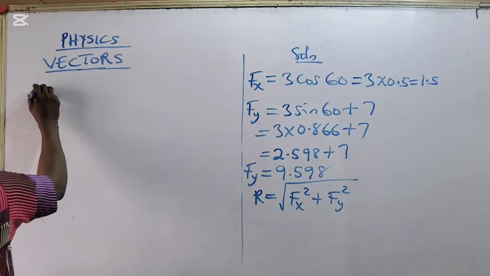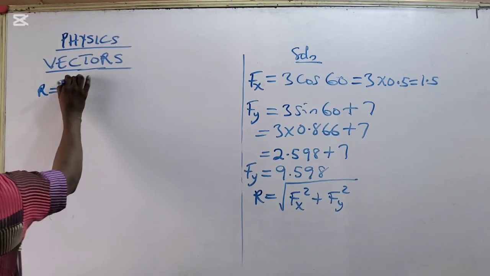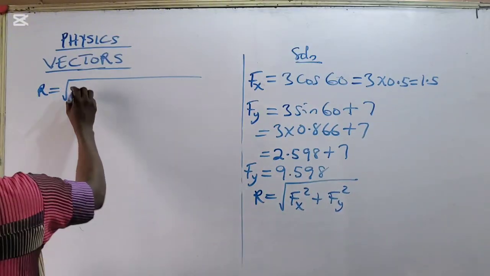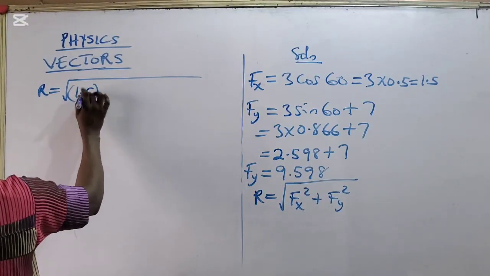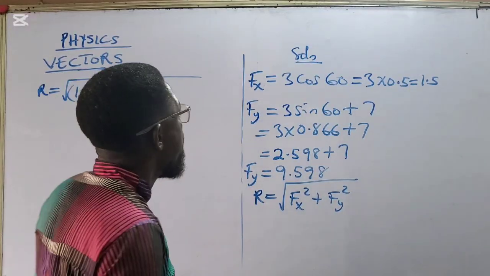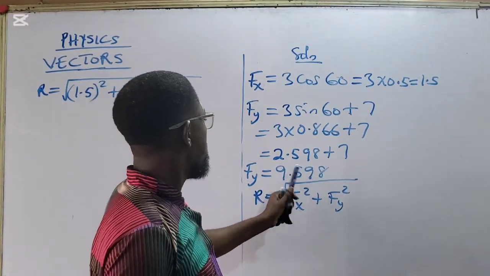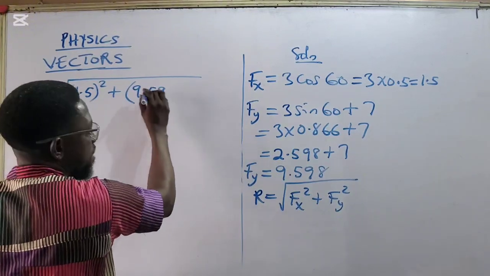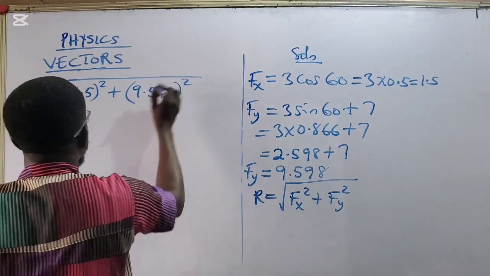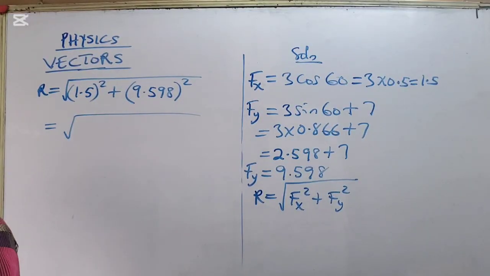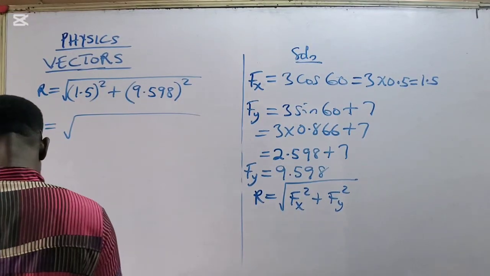Now R equals Fx, we have 1.5, so 1.5 squared plus Fy, 9.598 squared.